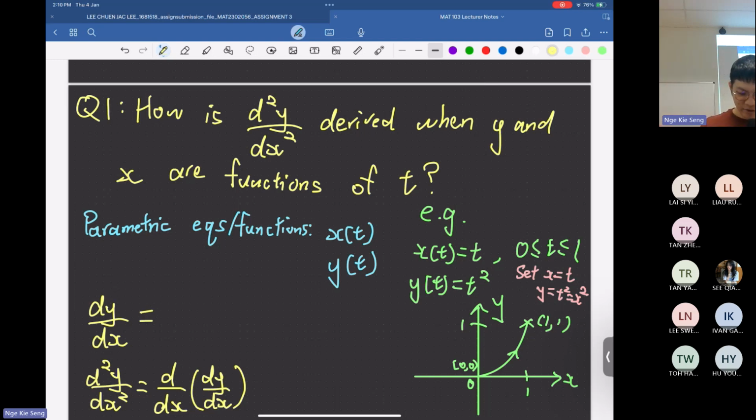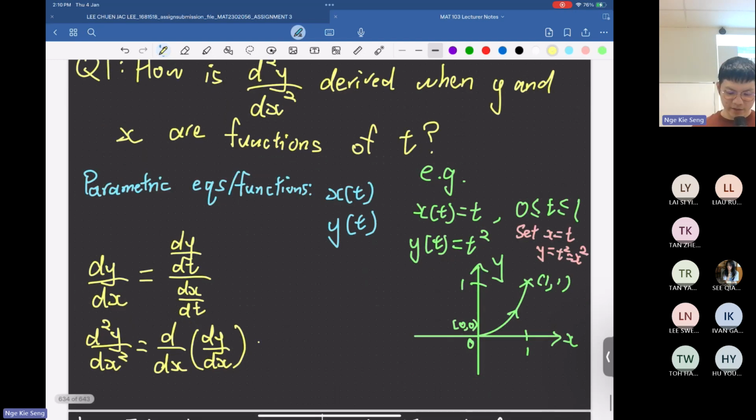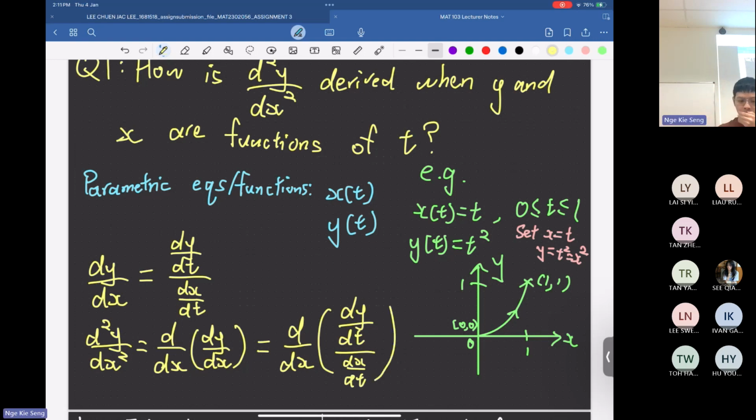So dy/dx equals dy/dt over dx/dt. Okay. So the problem is how to differentiate this thing with respect to x.